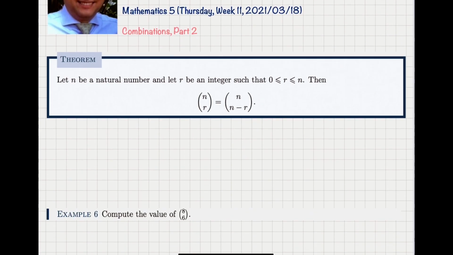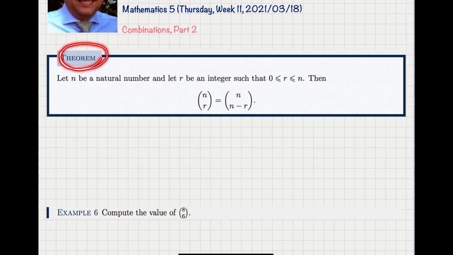Okay, but there is a very important theorem. It's extremely important to realize, both from an analytical point of view and from a combinatorial point of view, that this number is always equal to this number. In other words, if these two numbers that you see below, the sum of them is equal to n, they are the same.